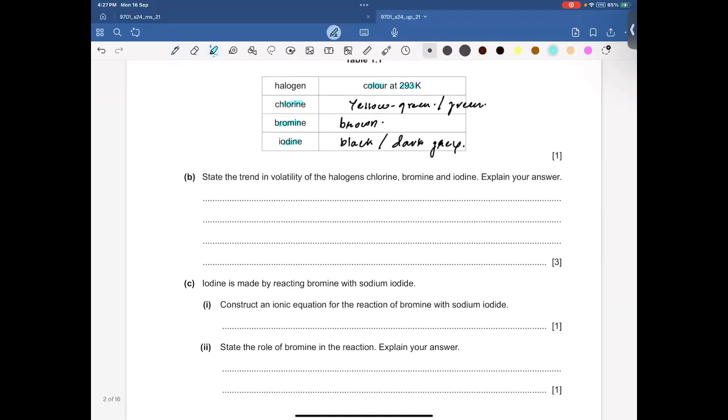State the trend in volatility of halogens, chlorine, bromine, and iodine. Explain your answer. Well, the volatility of halogens decreases from chlorine to iodine.